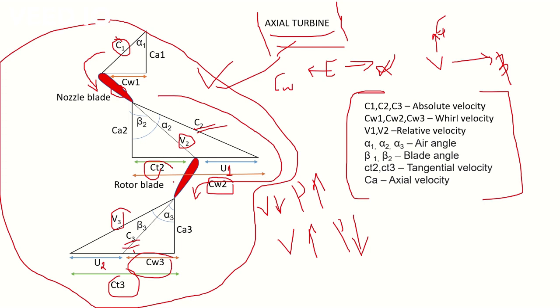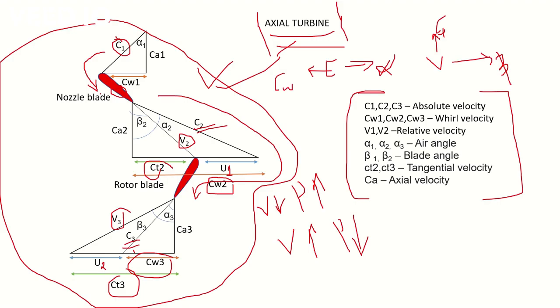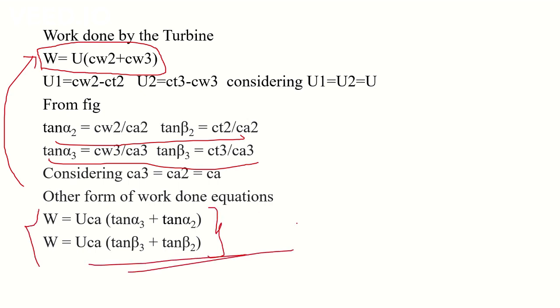So this is very simple. From the diagrams we get tan alpha 2 and tan beta 2 very easily. We substitute these into the work done equation and arrive at two other forms of the equation, which are really helpful when the blade angle and the air angle are given.